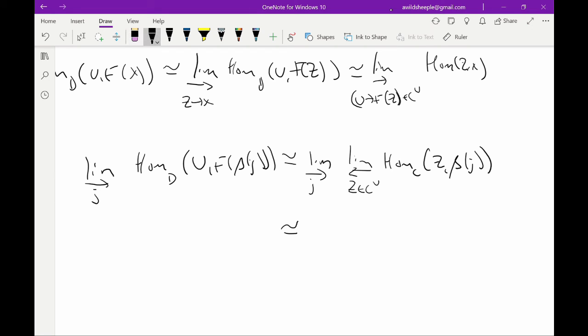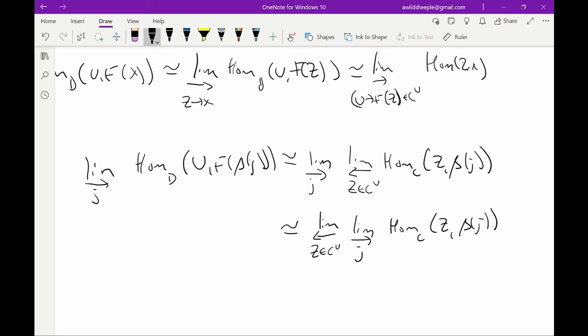Right, now we exchange the limit and the colimit. And we have Hom_C of Z, beta j. And this is possible because we saw back in proposition 3.1 that when you have a filtrant category, namely C upper U, the category we're interested in, you're justified in exchanging limits and colimits.